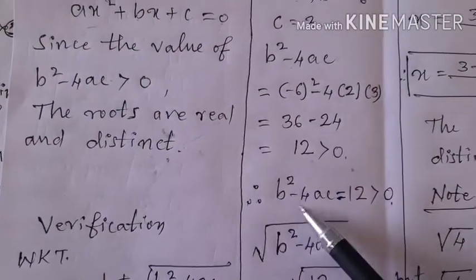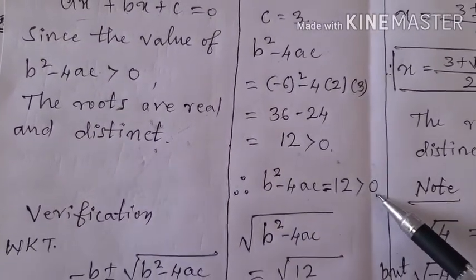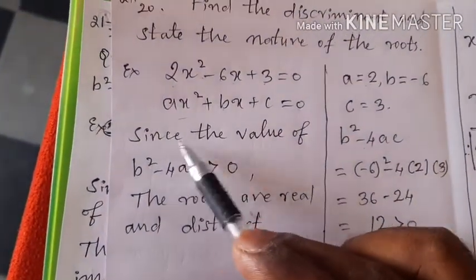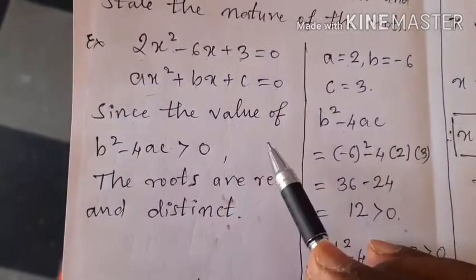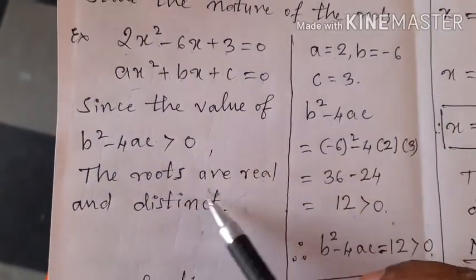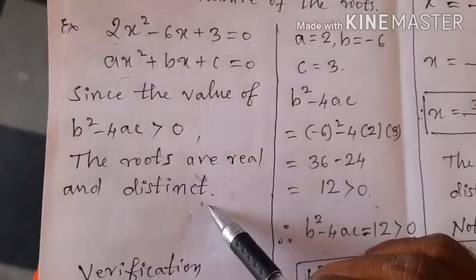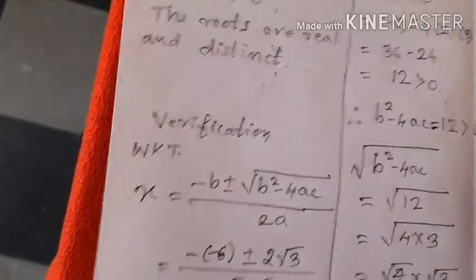So b² − 4ac is called the discriminant and it is equal to 12, greater than 0. Therefore, what should I decide? I should decide that since the value of b² − 4ac is greater than 0, the roots are real roots and distinct roots. Let us verify by actual calculation of the roots.